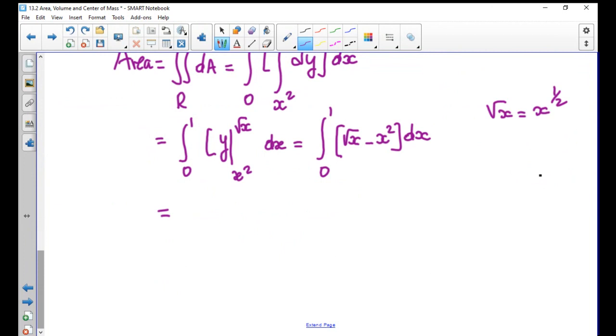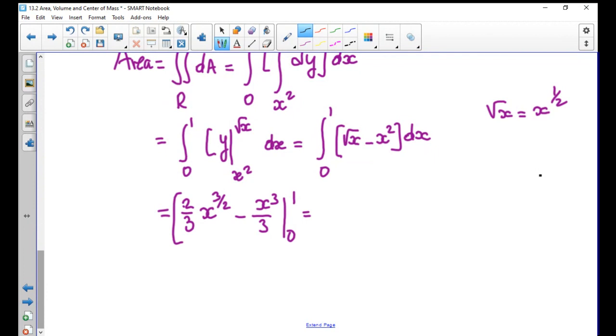So when you integrate it, you add 1. So it's going to be 3 over 2, so it's going to be 2 over 3 x to the 3 over 2, minus the integral of x squared, which is x to the power 3 over 3, from 0 to 1.